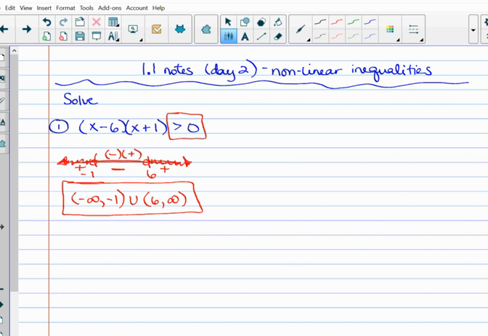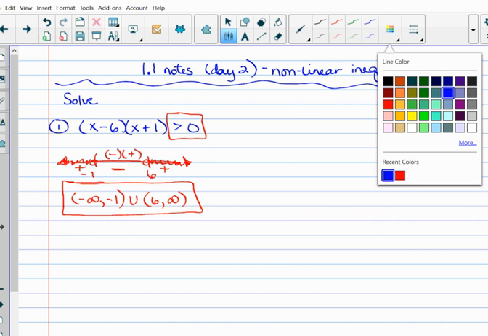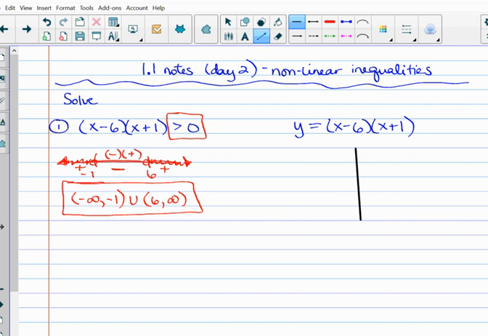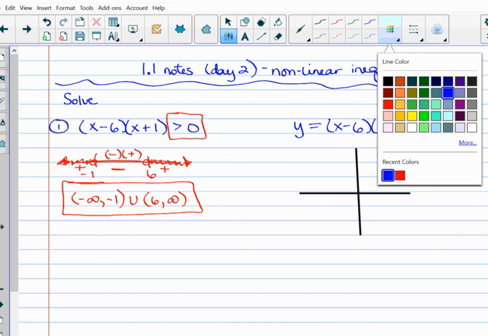Let's keep going, guys. So this is also connected to graphing polynomials. If I had said graph x minus 6 times x plus 1, just like we did in the warm-up, could you graph it? Potentially.